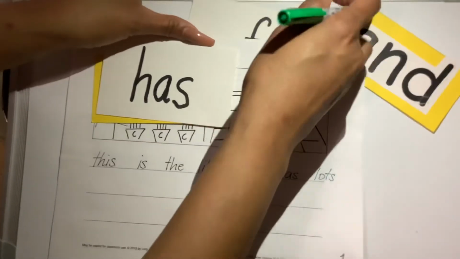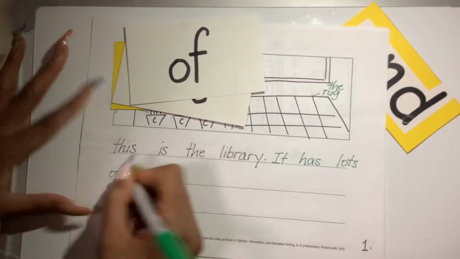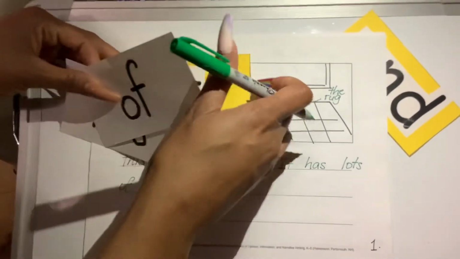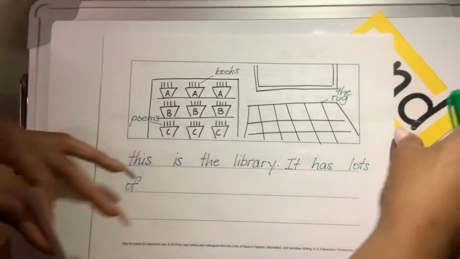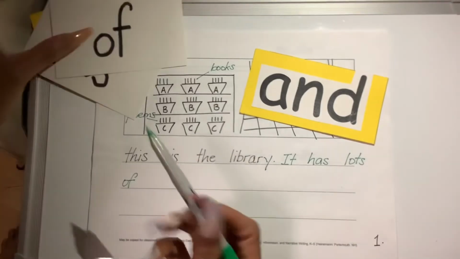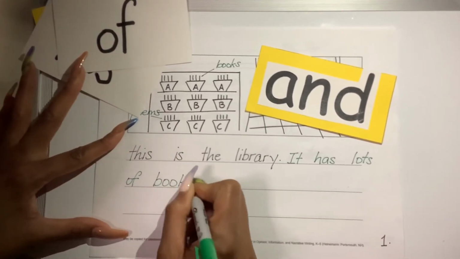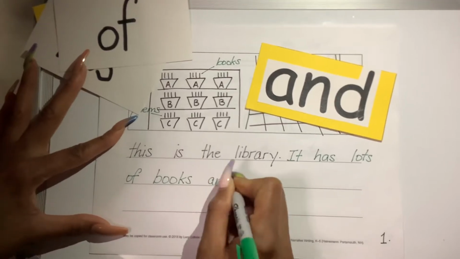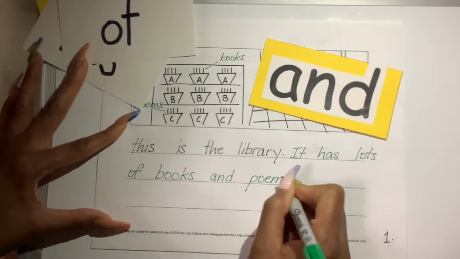Sight word of, in case you don't know how to spell of. And looking at my labels, what do you think I'm going to put? Lots of books and poems. Period.